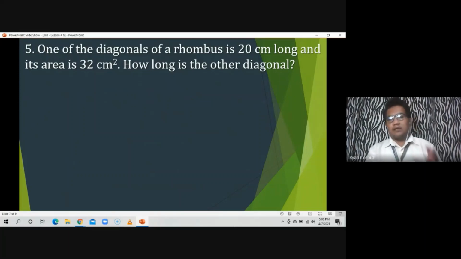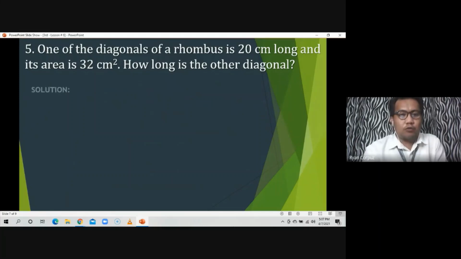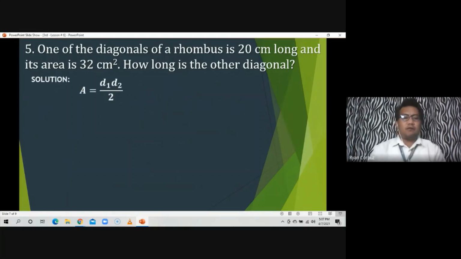And one characteristic of a rhombus is that it has perpendicular diagonals. So that's why we are going to make use of the same formula we used on example number 4. So to come up with a solution to it, we are going to use that same formula.